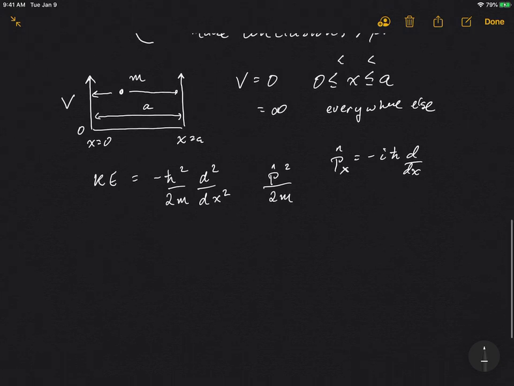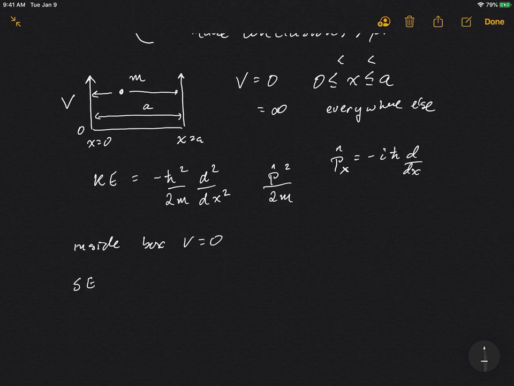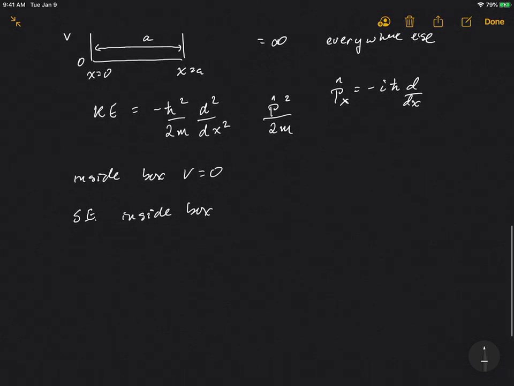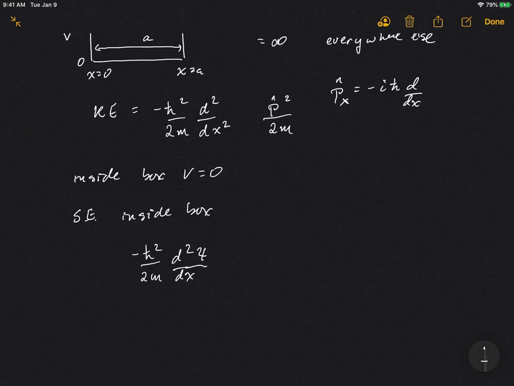Okay, so then our Schrodinger equation, so since inside the box V equals 0, the Schrodinger equation inside the box is just minus h bar squared over 2m d squared psi dx squared plus 0, so we just won't add a term for that since the potential is 0, and then equals E psi, right?